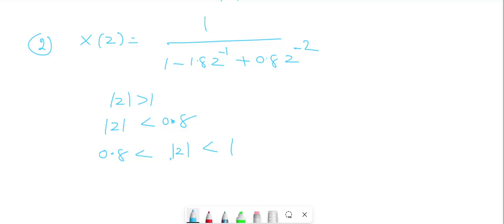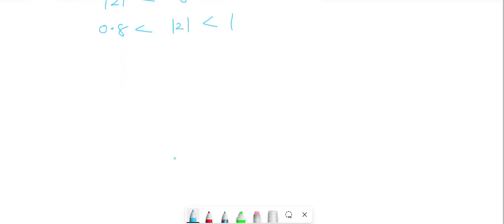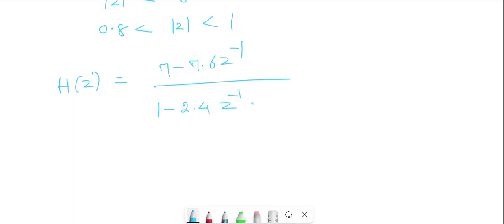Then how to plot the poles and zeros. And h of z is equal to 7 minus 7.6 z inverse divided by 1 minus 2.4 z minus 1 plus 0.8 z minus 2.